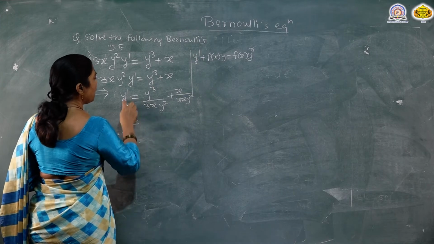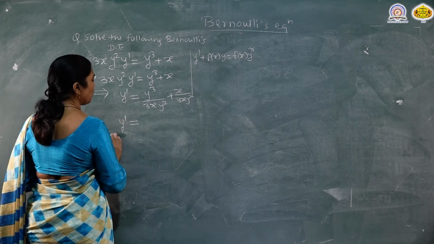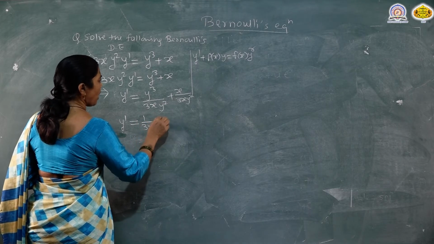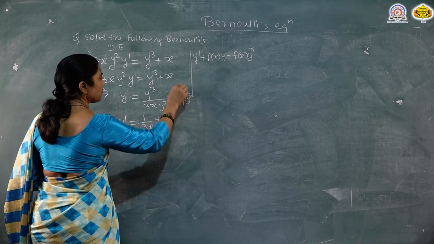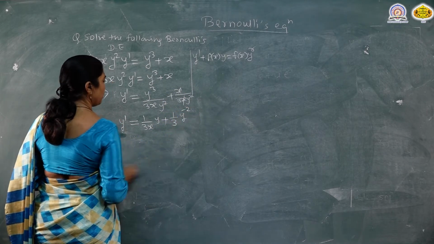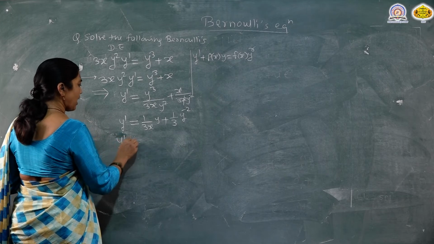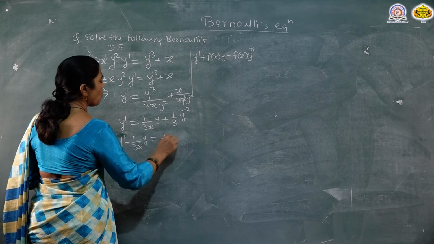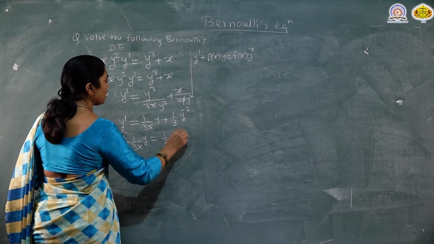That is, it becomes y dash is equal to 1 upon 3x into y plus 1 upon 3 y raised to minus 2, or we can write down y dash minus 1 upon 3x y is equal to 1 upon 3 y raised to minus 2.